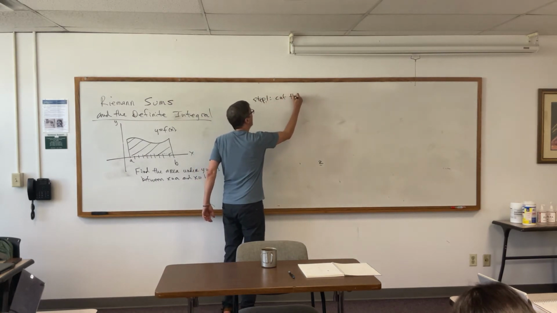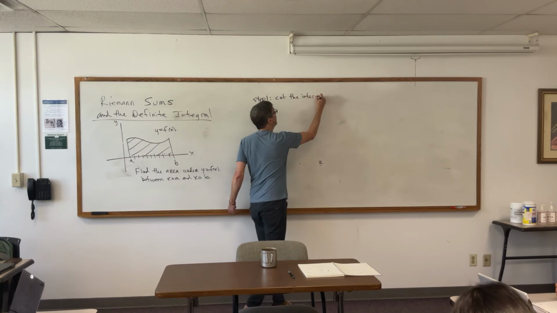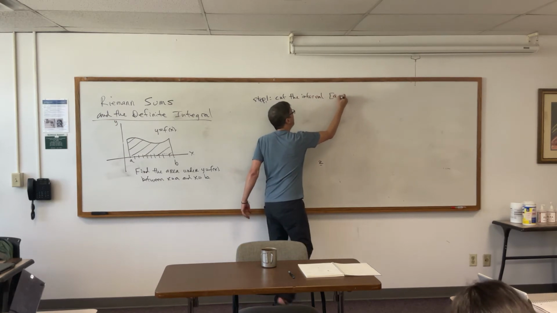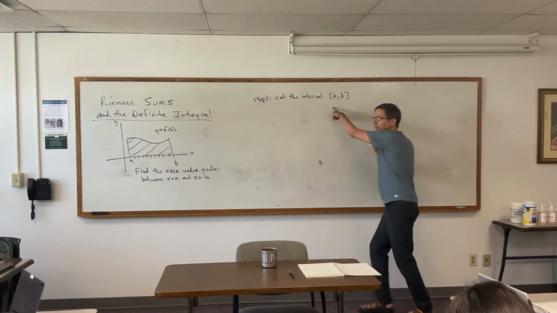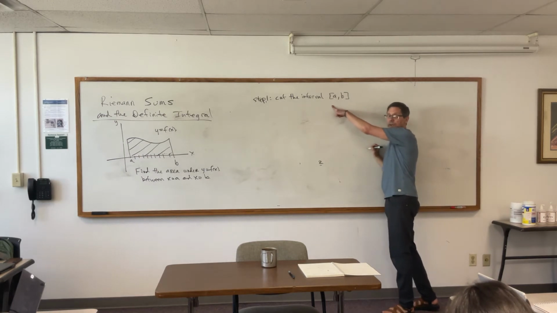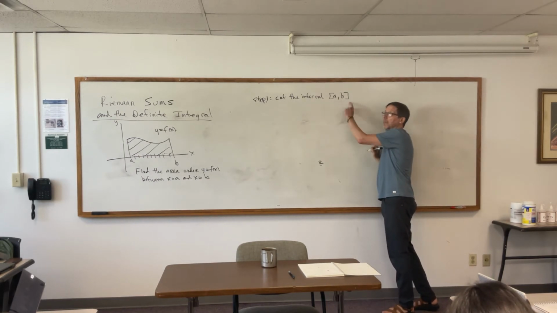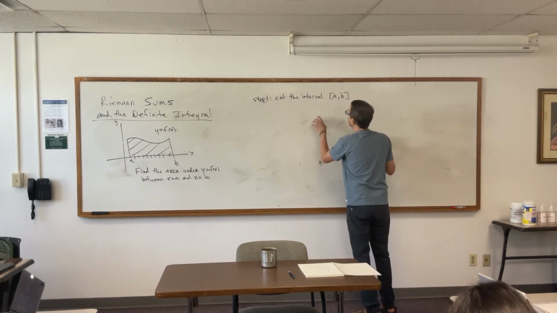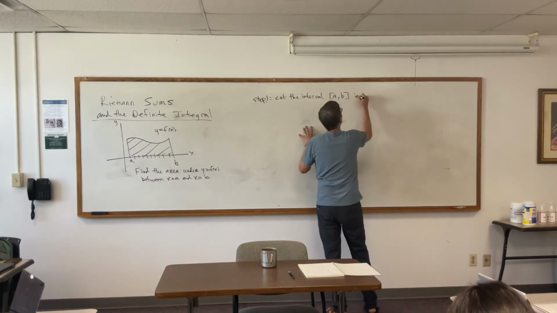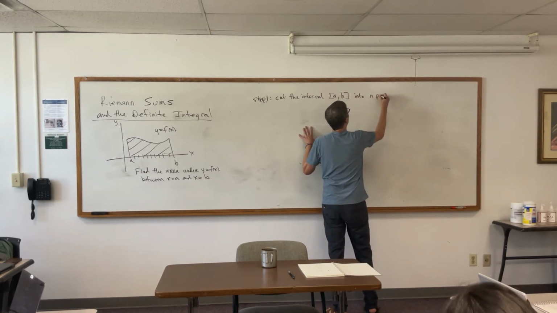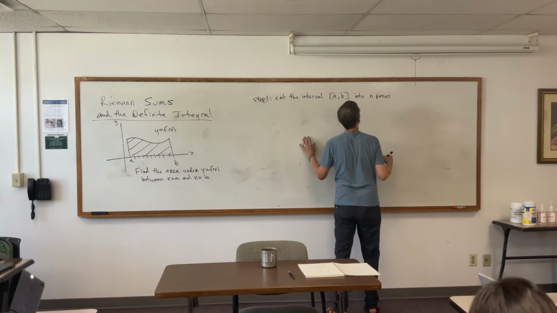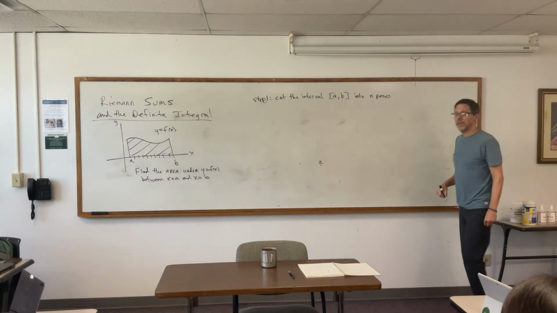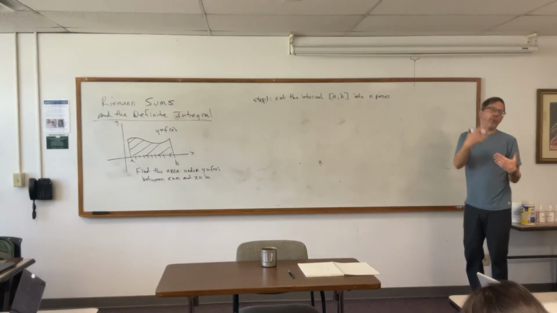Cut the interval a to b. This is a closed interval, indicating it's a range of real numbers, including the endpoints. Cut the interval a to b into n pieces. The way we do this is by picking points.